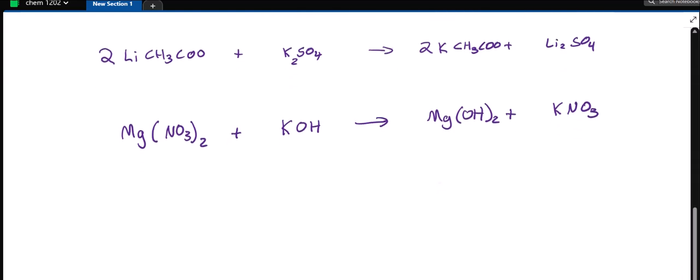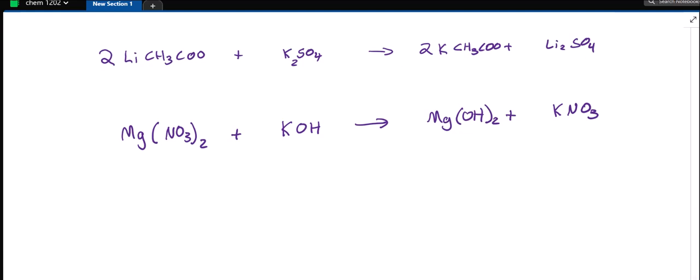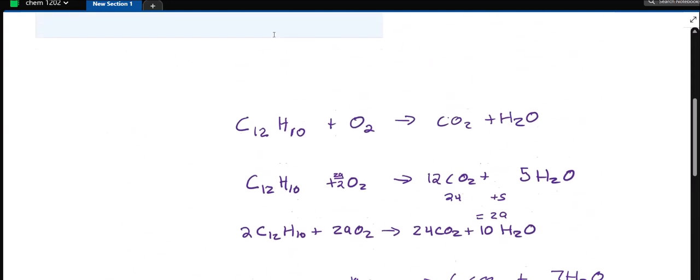So I can see that I've got 2 nitrates on the magnesium nitrate, so I can put a 2 here. Now I've got 2 potassium, so I can put a 2 here. I've got 2 hydroxides, 2 hydroxides, 1 magnesium, everything balanced.